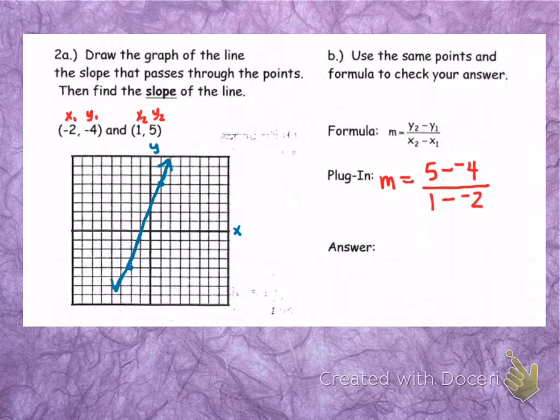When you do the arithmetic, if you want to change your subtractions to adding the opposite, you can. You, of course, don't have to do that. You would get the same value. What you get is that m is equal to 9 over 3, which is 3. So the slope is 3.